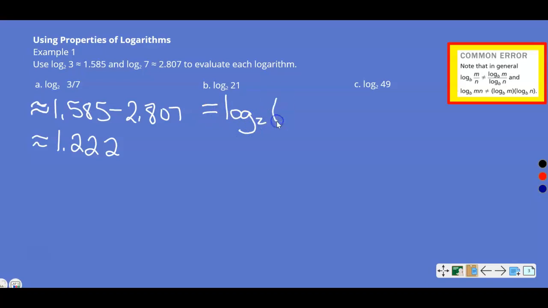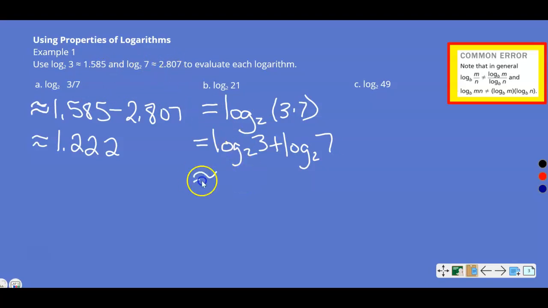So we're going to rewrite 21 as 3 times 7. Then think about properties of logarithms. All right, if I'm multiplying, that means I'm going to rewrite it with addition. So I'm going to rewrite this as log base 2 of 3 plus log base 2 of 7. And then we can use what we are given up here in order to get an approximation or an answer.